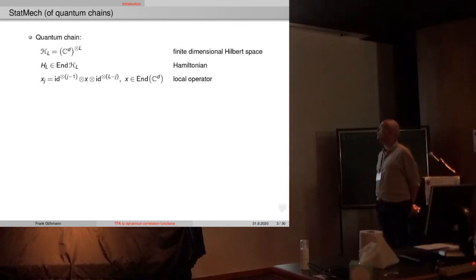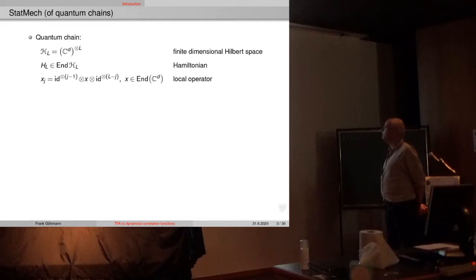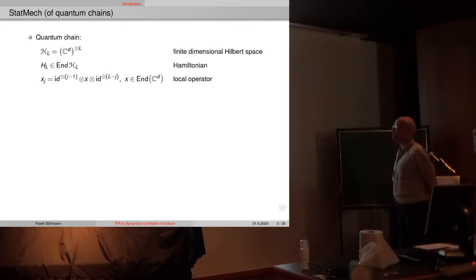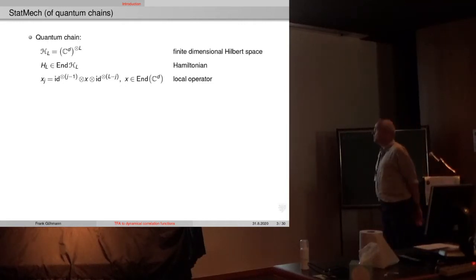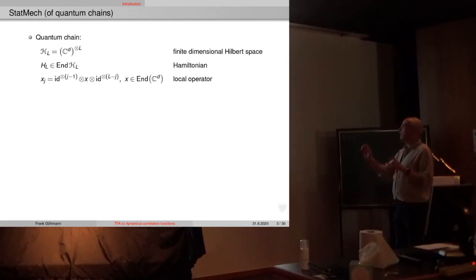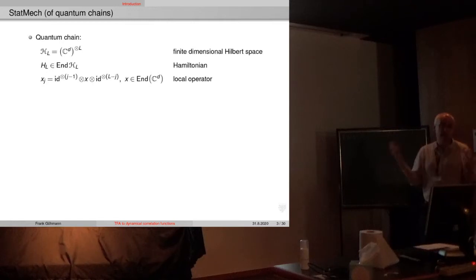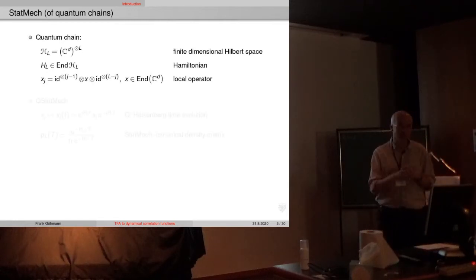H is the Hamiltonian, and it's a finite matrix, so everything is regular here. The local operators are those which act on one lattice site, for instance. So the advantage of this is it's pretty wide. If you send L to infinity and let the Hamiltonian parametrically depend on L, you can also realize quantum field theories this way.